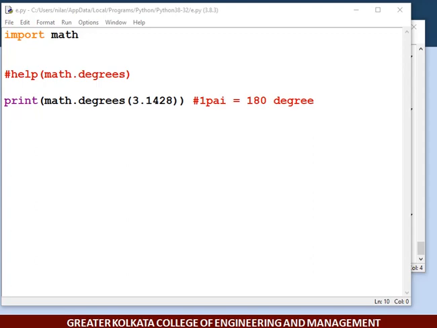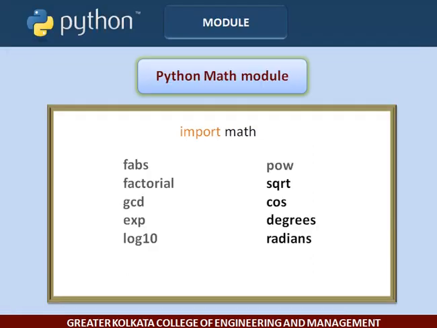Now next to know about the radians function. Okay, we have completed the degrees. What do we need to know next? Next is the radians function. How will the radians function be used? What is the documentation of this radians function?